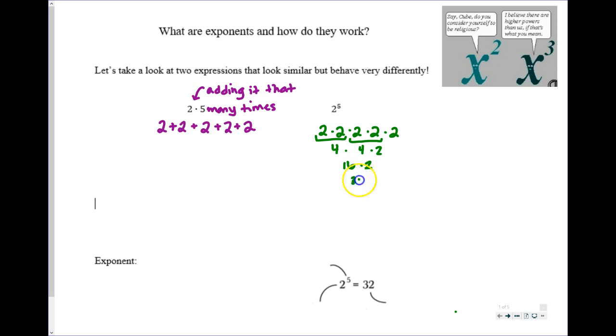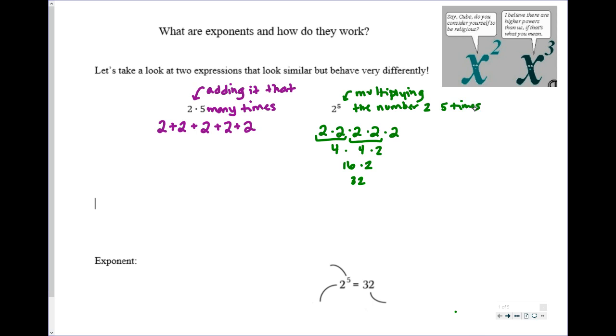And then 16 times 2 is 32. So when we use exponents, it is a form of multiplying that number that many times. So 2 to the 5th power is actually a form of multiplying the number 2 5 times.